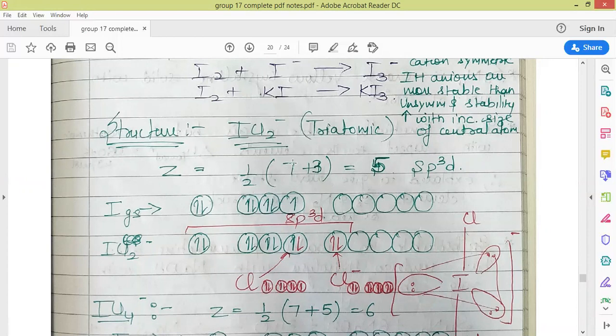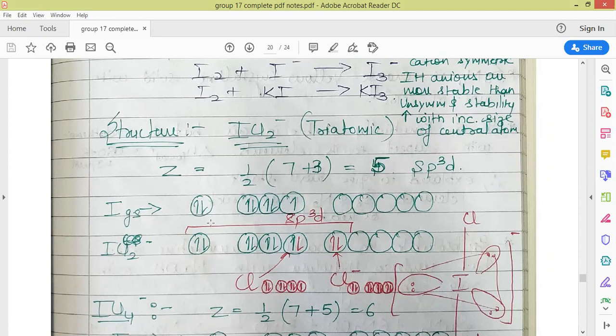There is no positive charge, so it is 0, and plus 2 for the number of monovalent elements present. So the total is 10 by 2, that means 5. So the hybridization which comes out using this formula is sp3d hybridization.